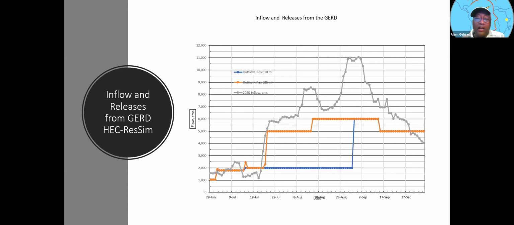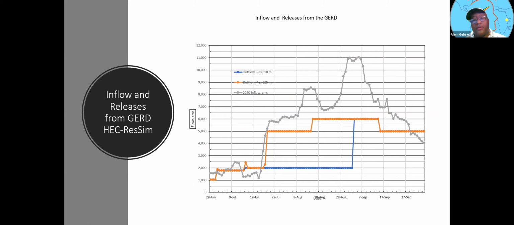I set the outflow to a certain level and ran two conditions. The inflow is shown in gray, and the outflow is shown in blue and orange. This is a scenario analysis, not necessarily the operation of the reservoir as featured by the Ethiopian government.